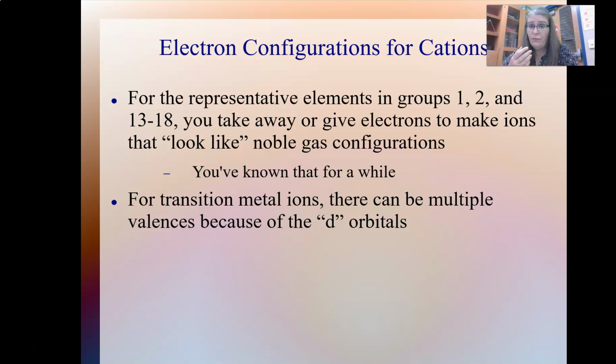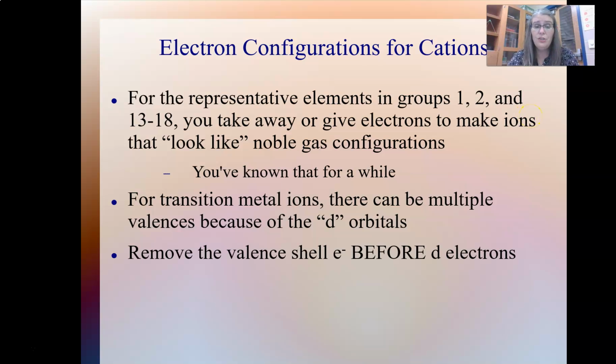Transition metal ions can form multiple charges because of those multiple electrons in the d orbitals. There's actually something really fundamentally important about forming a transition metal ion. And that is that you need to remember that chemistry is all about valence electrons. And so for a transition metal, we always have to remove the valence electrons before we start removing those d shell electrons.